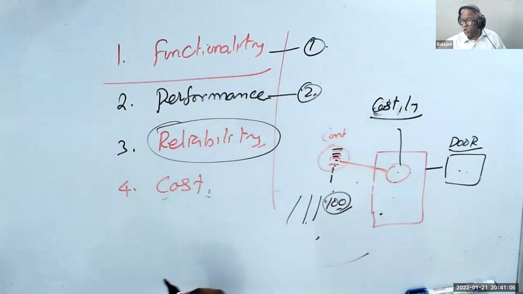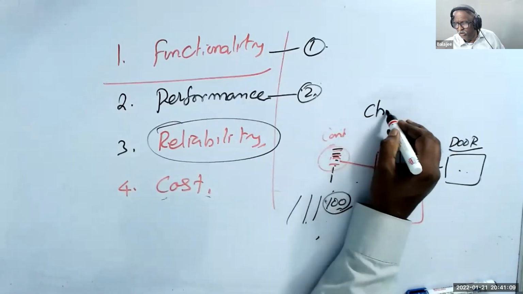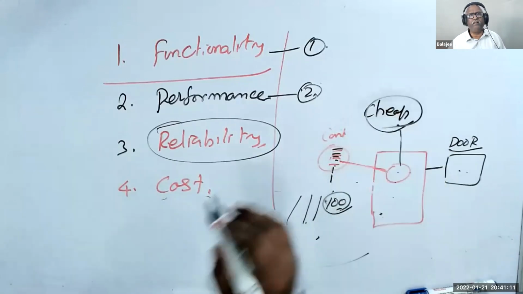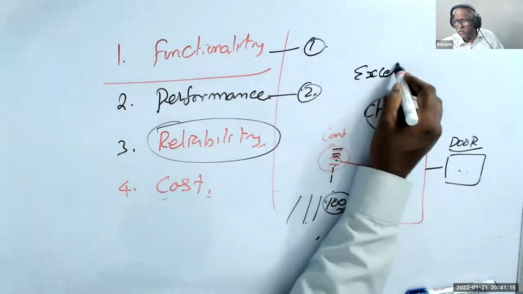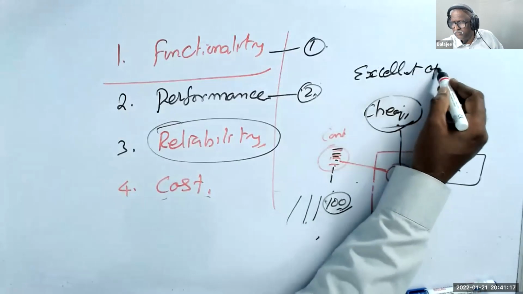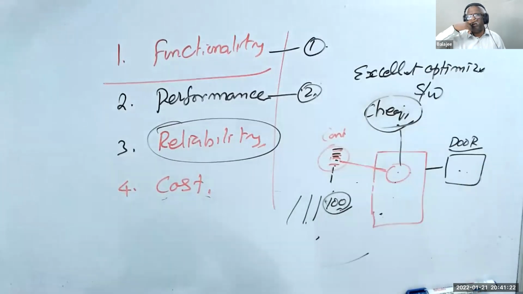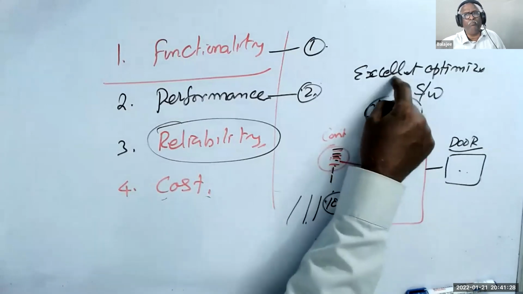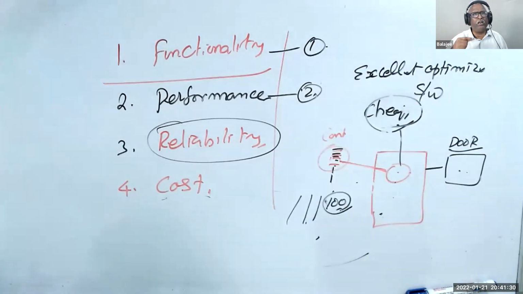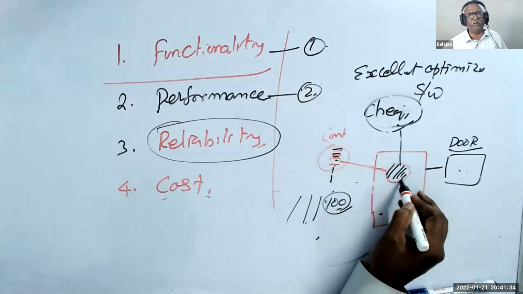But the successful people buy a cheap microcontroller, and they write excellent, optimized software. You understand now why we are saying this: because you write optimized software, the company's cost on the product has come down.